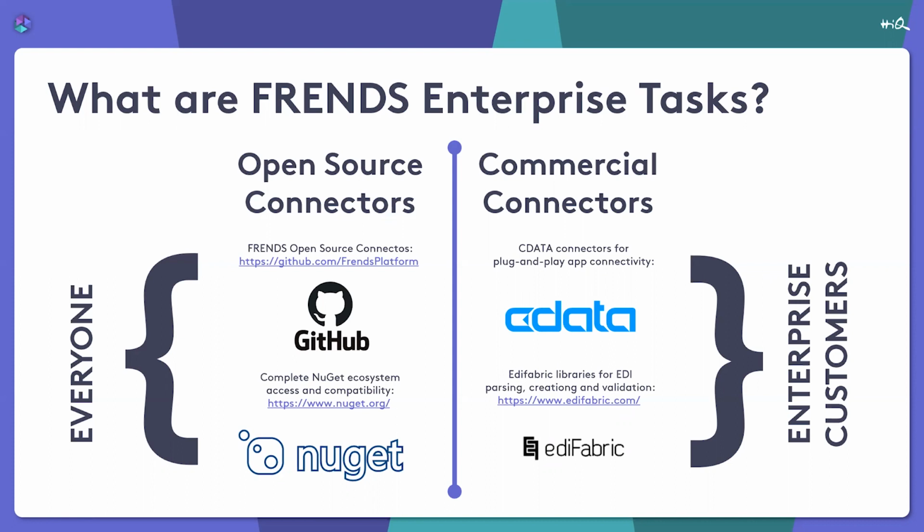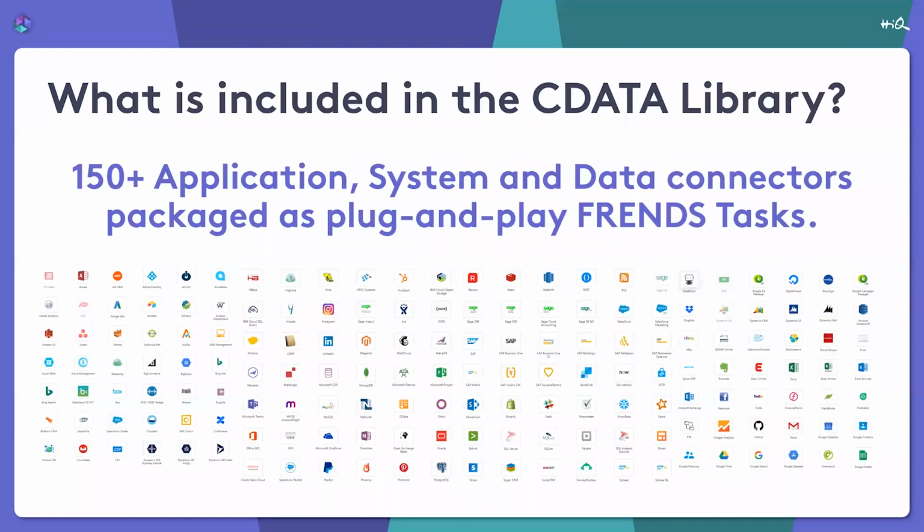But what we are mainly going to be talking about today are the new CData connectors, to bring this plug and play connectivity functionality to Friends. How do they actually work? Quite simply put, CData is a company that specializes in creating plug and play code connectors.